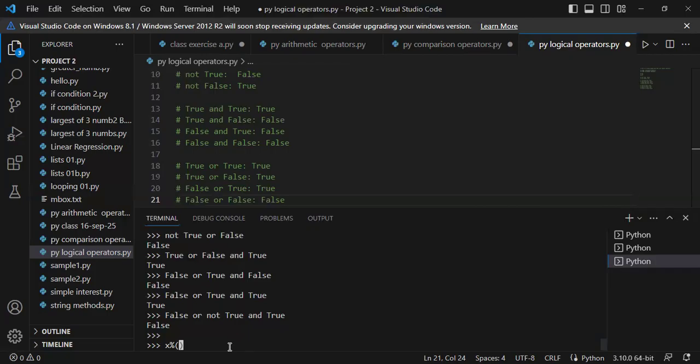Then x modulus y, divided by 2, minus 2.